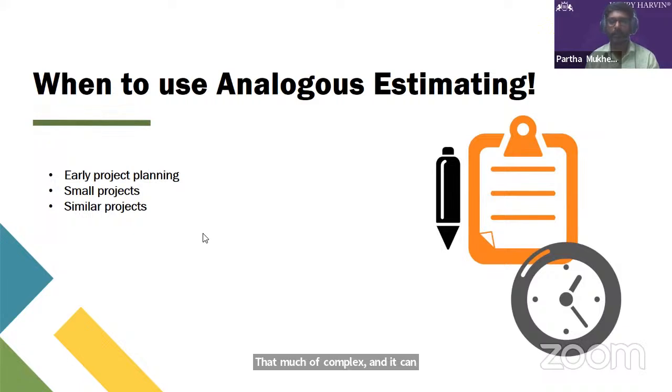And again, we can perform analogous estimation when a similar project has already been completed in the past and we can use it as a reference. So that is all about the analogous estimation technique.